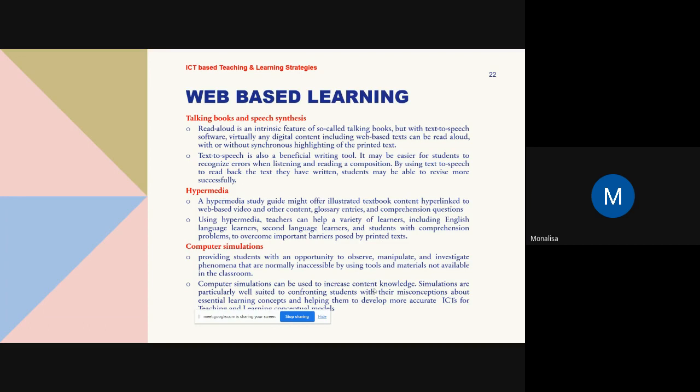Using hypermedia, computer simulations, and speech analysis, where the words you speak are converted to text and you get the material you want, we can use web-based learning, and here ICT is embedded.